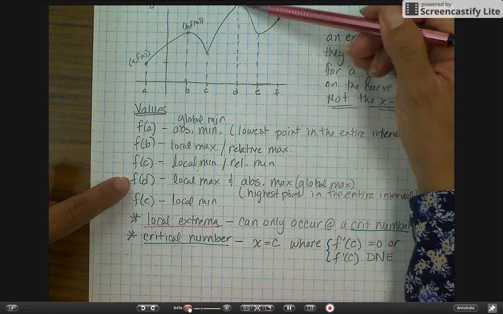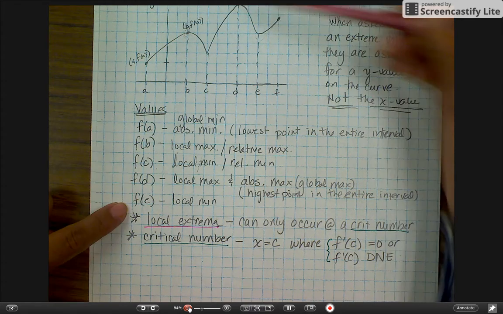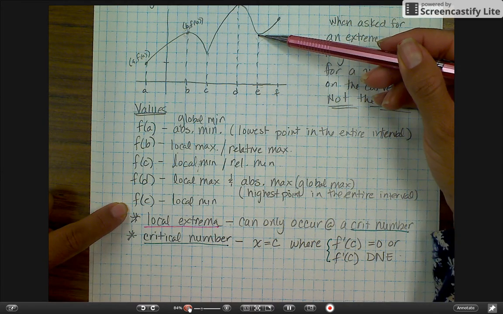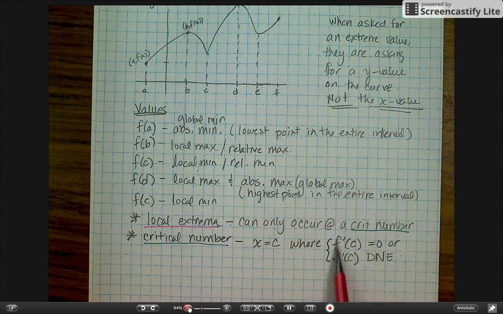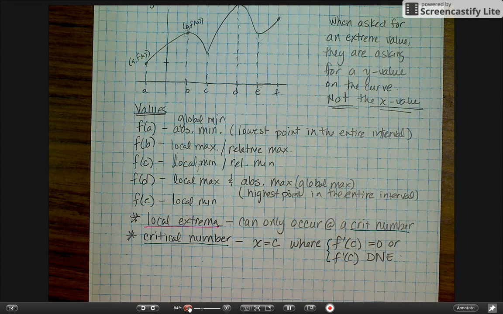I have a local maximum at d, and the derivative of that is 0. And I have a local minimum at e, and the derivative of that is 0. So we have quite a few of these situations, but we have one of that. Either way, a critical number is when your derivative equals 0 or does not exist. So this is what you can see happening on an actual graph.